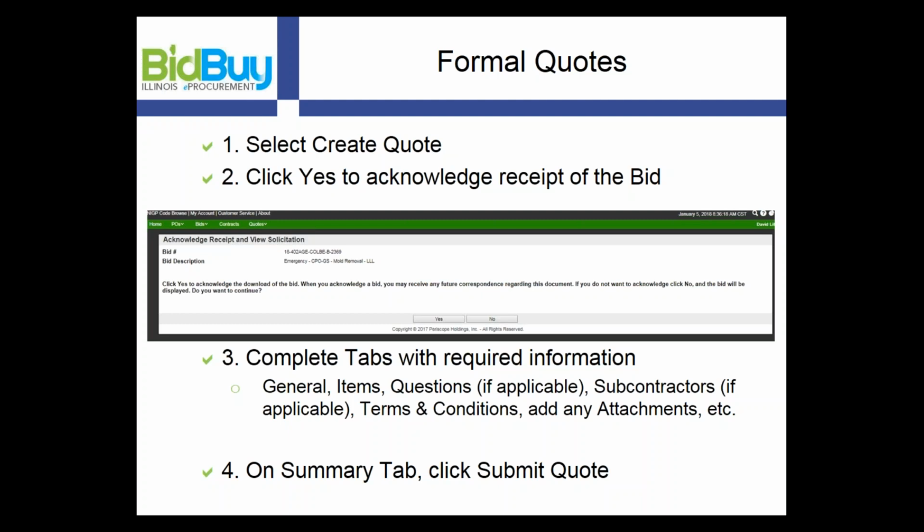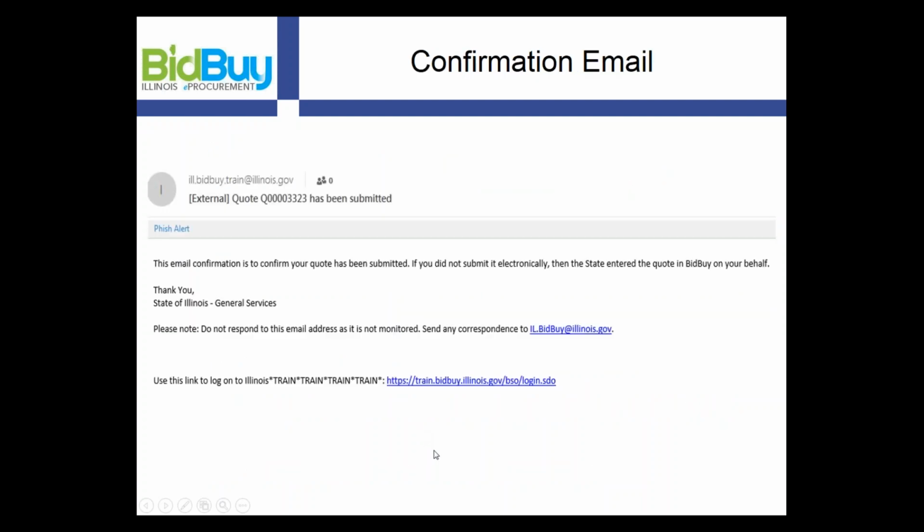You'll add any attachments like Forms A, Forms B, your BEP utilization plan, and any contracting documentation, all within the Attachments tab. Then once you get to the Summary tab, you click Submit Quote, and you'll receive a confirmation email, same as the informal quotes, saying the quote has been submitted and the state has received it.